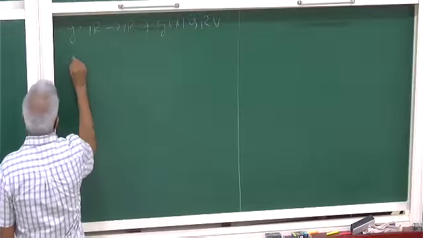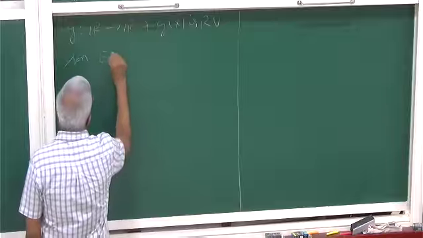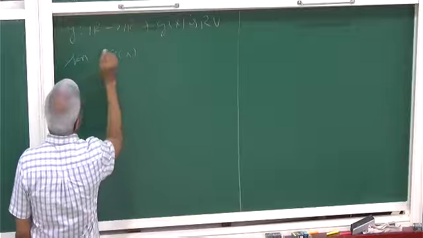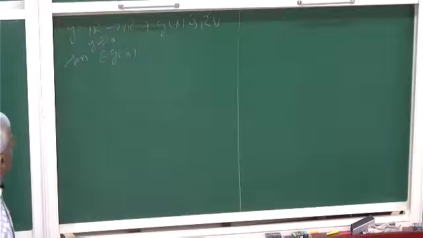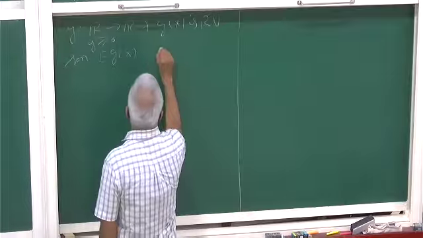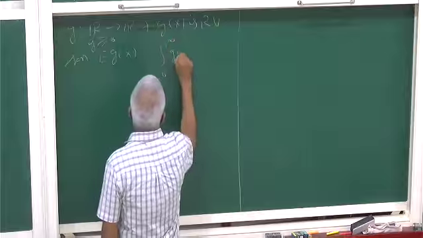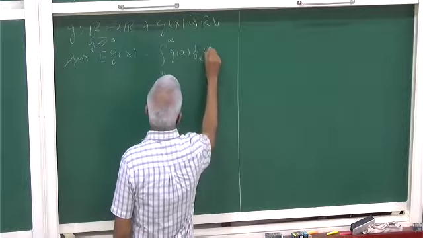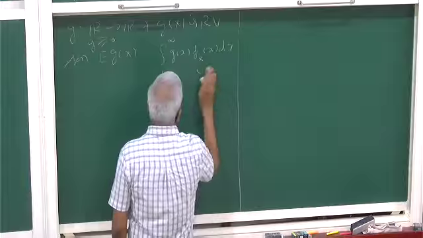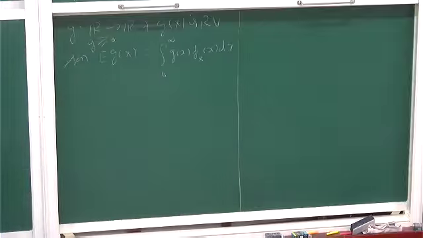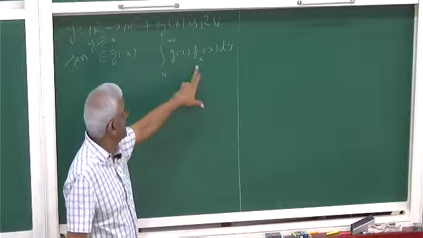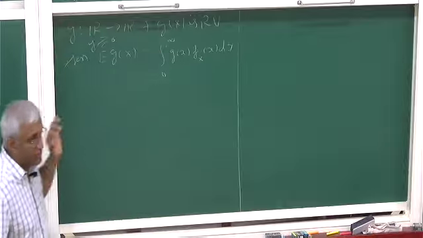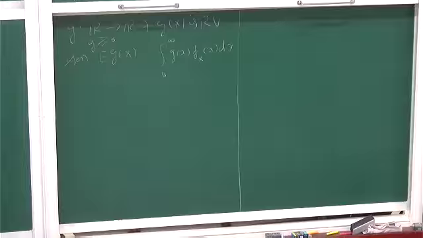Then we proved that E of g of x, and g is positive, for positive we proved this. Okay, g is positive. This is equal to the integral from 0 to infinity of g of x f of x dx. This f_X is the density of this capital X, and this we have proved for positive.